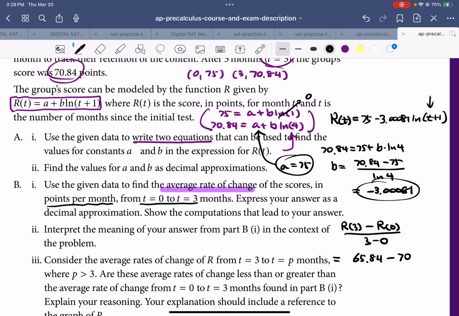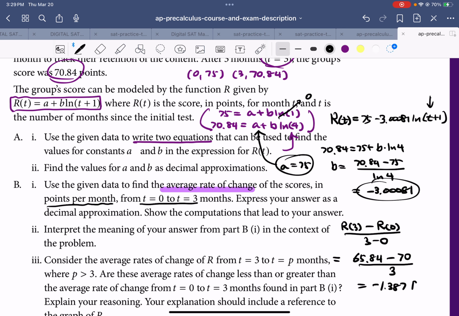Now you divide by 3, okay? Divide by 3, then you will get around negative 1.387, okay?